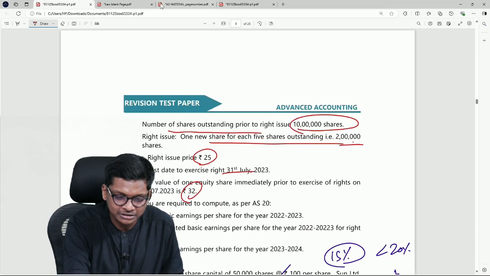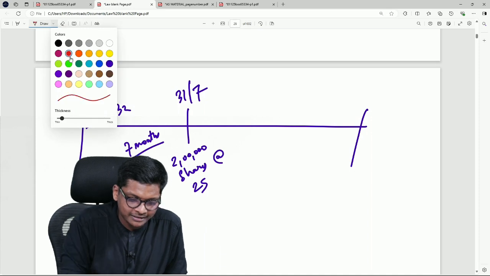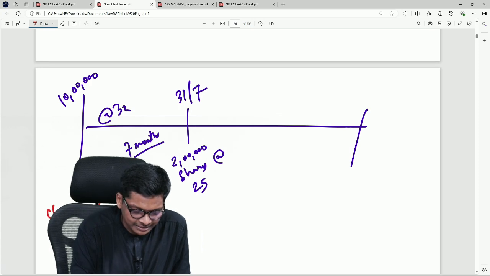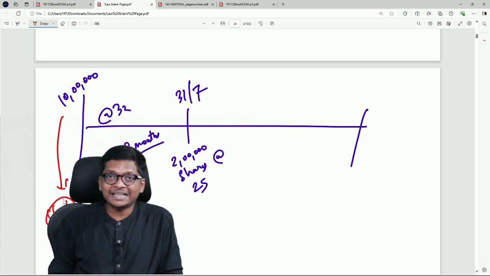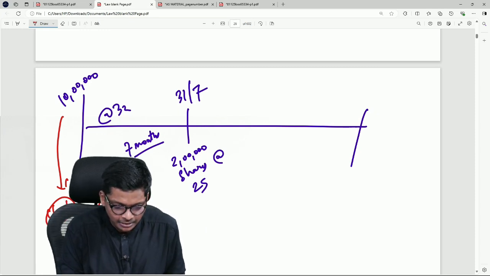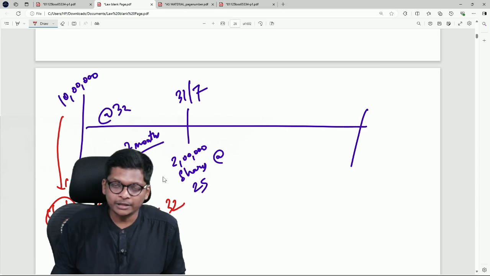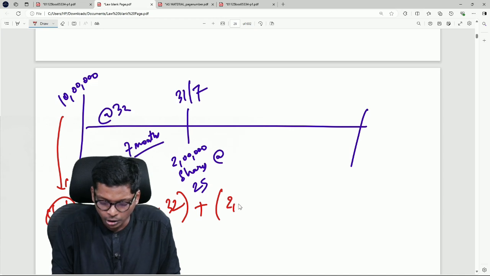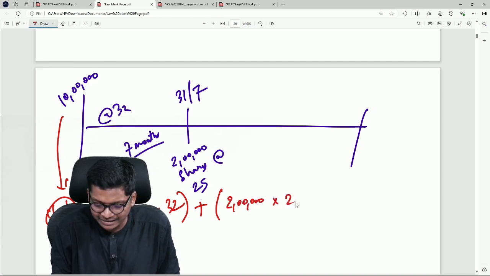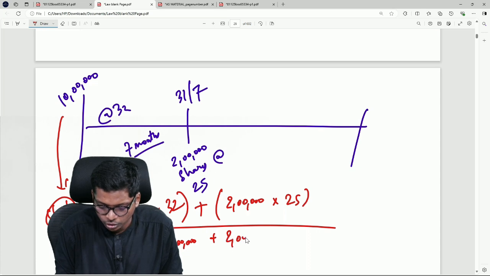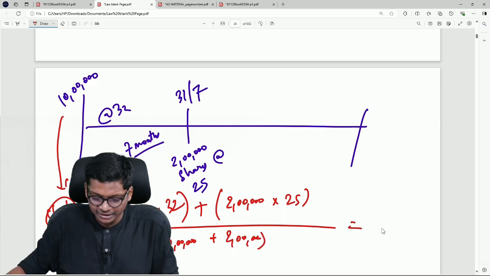What happens post rights issue? What is the total investment I have in this company, guys? The overall value. First step is to compute the theoretical ex-rights price. So that will be 10 lakh shares into 32, the initial overall net worth of the company, plus the new net worth, 2 lakh shares into 25, whole divided by 10 lakh shares plus 2 lakh shares. How much will you get here, guys?